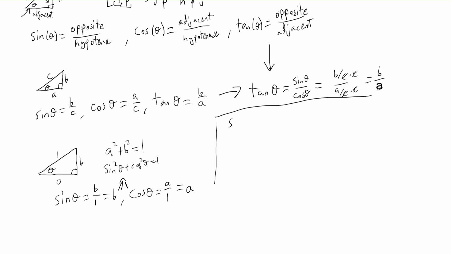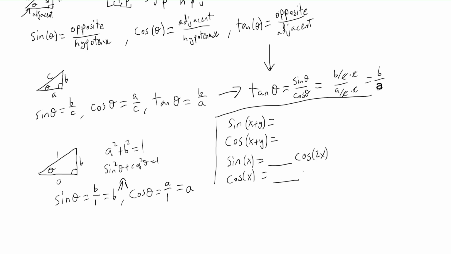Specifically, I'm going to prove the sine of x plus y identity, the cosine of x plus y identity, and then I'm going to use those identities to find some other way to write sine of x in terms of cosine of 2x, and then cosine of x in terms of cosine of 2x as well. And we'll find that that becomes very important when we look at the golden ratio.